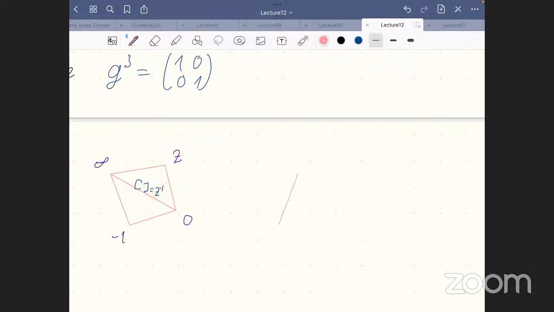So we can look at them as follows. I just move them away.